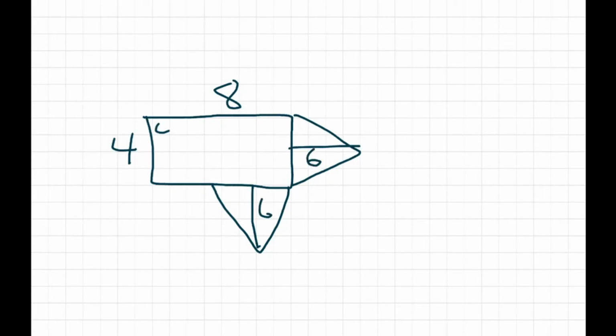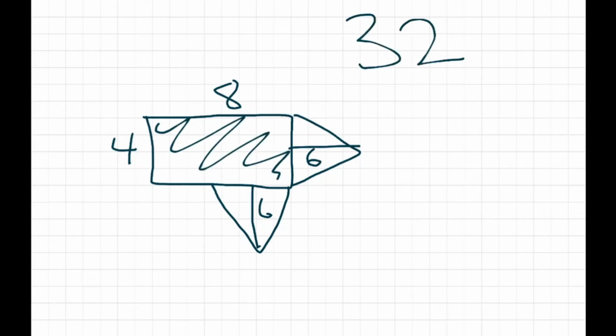So first we can find the area of this. 8 times 4 is 32. And then for the triangles, we know the height is 6, and the base would be 4 because it's attached to the width of the rectangle. So 4 times 6 is equal to 24.